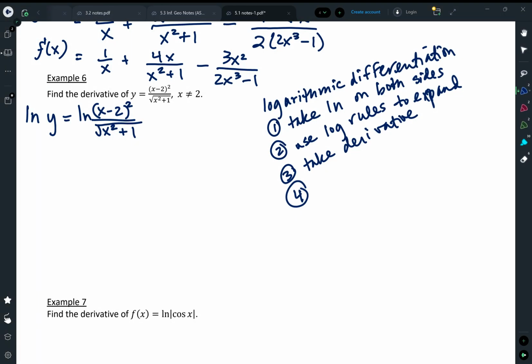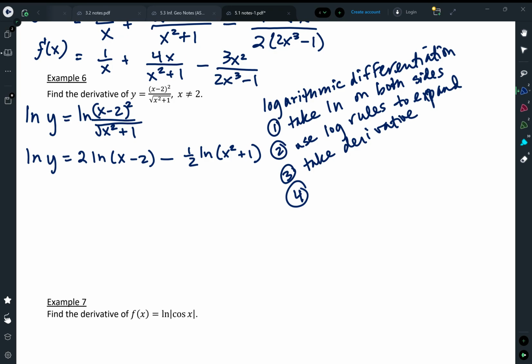Then on the right, I'm going to use those log rules to expand, to break apart those logs so that I don't have to do some big complicated thing. So I don't have to do quotient rule, I don't have to do product rule, I might not even have to do much chain rule. So the numerator is going to be 2 times the natural log of x minus 2, minus the denominator, which is going to be 1/2 natural log of x squared plus 1.